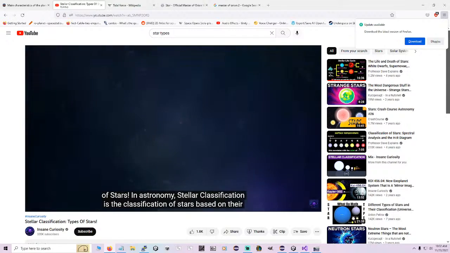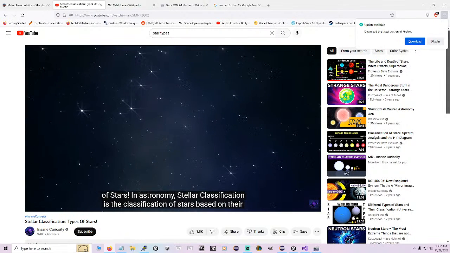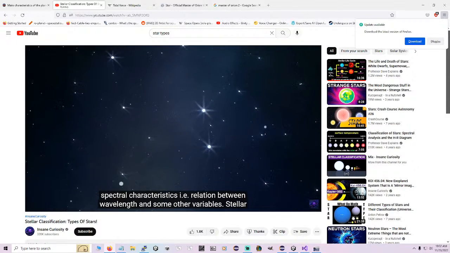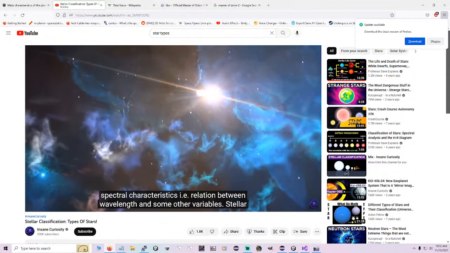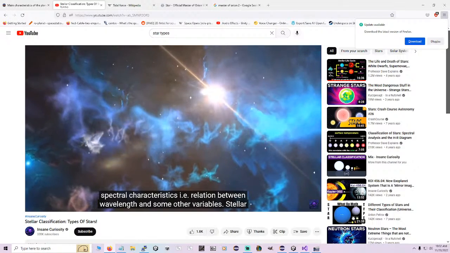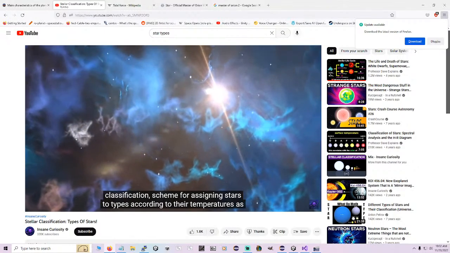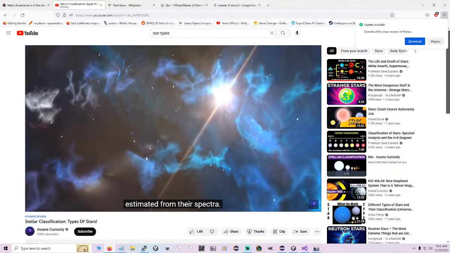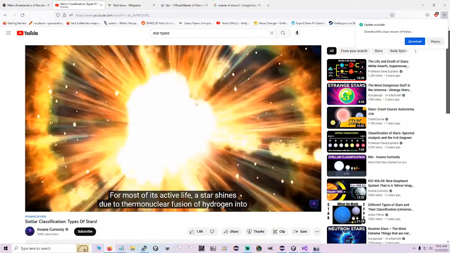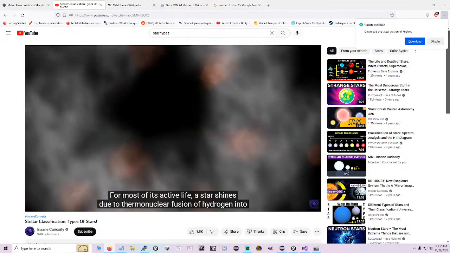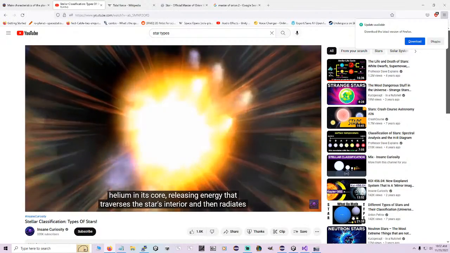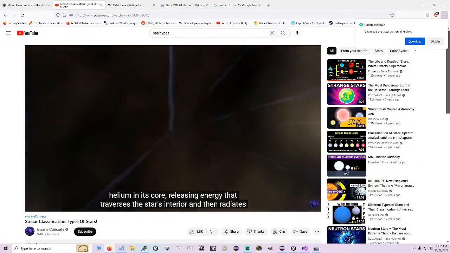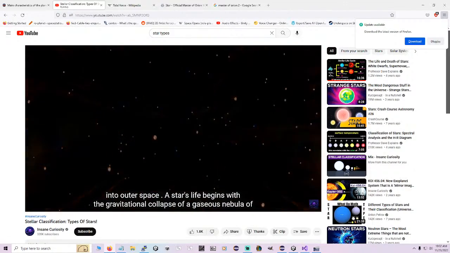In astronomy, stellar classification is the classification of stars based on their spectral characteristics, i.e. the relation between wavelength and some other variables. It is a scheme for assigning stars to types according to their temperatures as estimated from their spectra. For most of its active life, a star shines due to thermonuclear fusion of hydrogen into helium in its core, releasing energy that traverses the star's interior and then radiates into outer space.